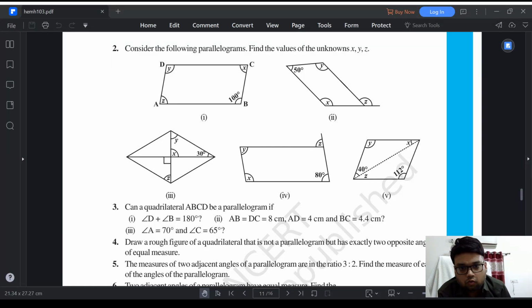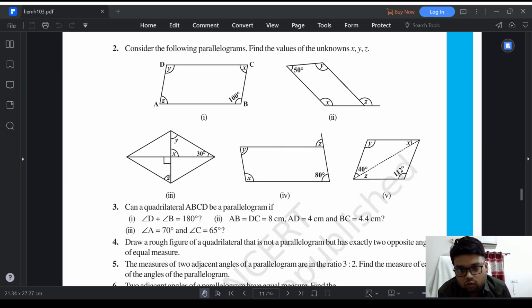This is equal to 100 degrees. This is y, this is x, and this is z. Now in the case of a parallelogram, two sides are equal. Here two sides are equal, two angles are also equal.